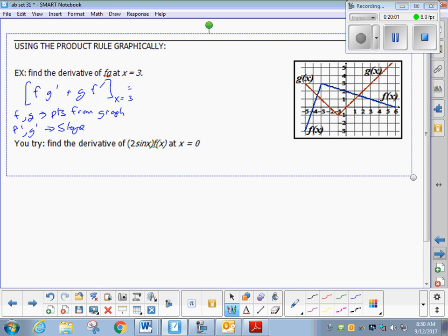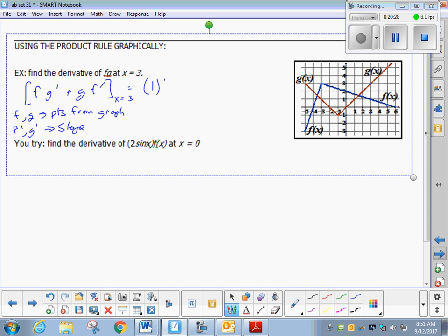So f at 3 means go to the f curve, look at x equals 3, what's the y? Here's the f curve at 3, f is 1. Okay, g prime at 3 means find the g graph, which is the red, well, yours isn't red, sorry. At 3 then, not what's the point, but what's the slope? What's the slope of g at 3?